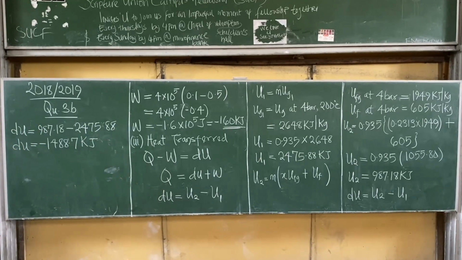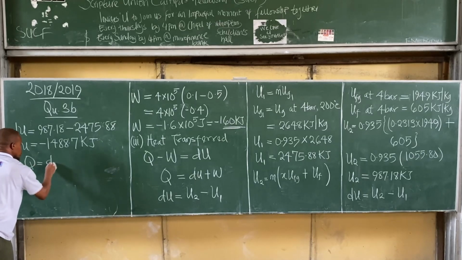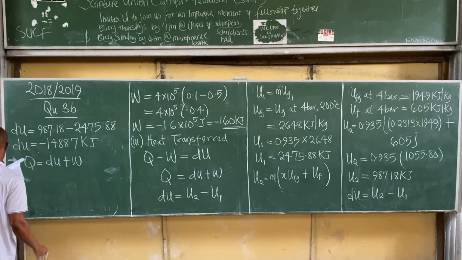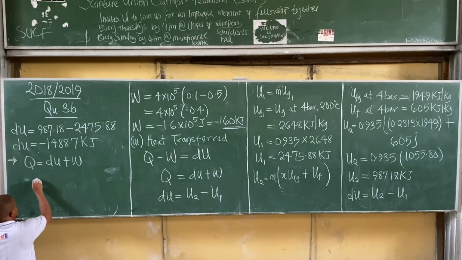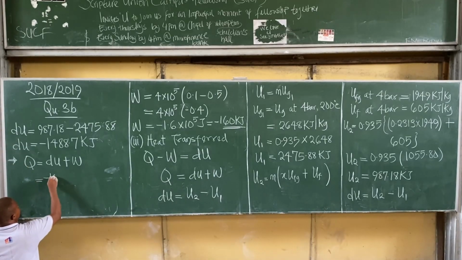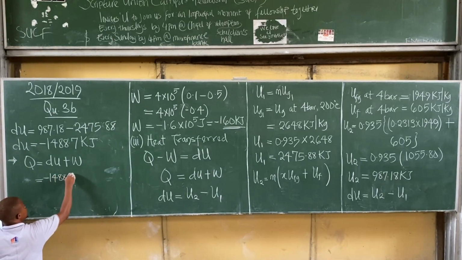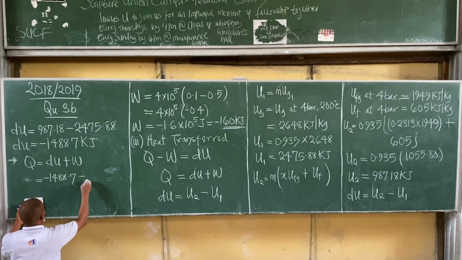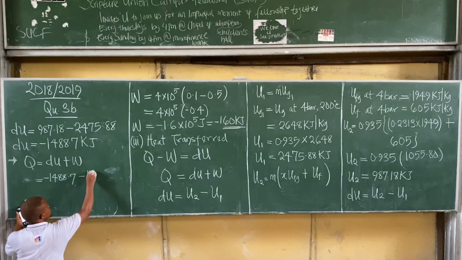Now we can get our heat transferred. Heat transfer was given as Q equals du plus W, right? Now our du is minus 1488.7, and our work done was given as minus 160 kilojoules.